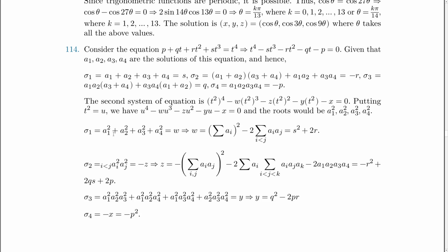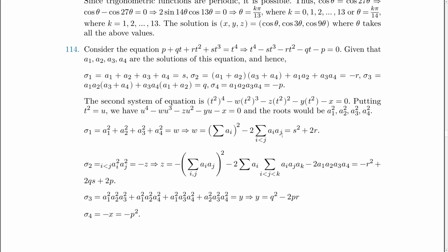Now sigma 1 is A1 square plus A2 square plus A3 square plus A4 square. So we substitute the value we have obtained till now, and we have W is equal to sigma Ai square, subtracted with 2 Ai Aj.